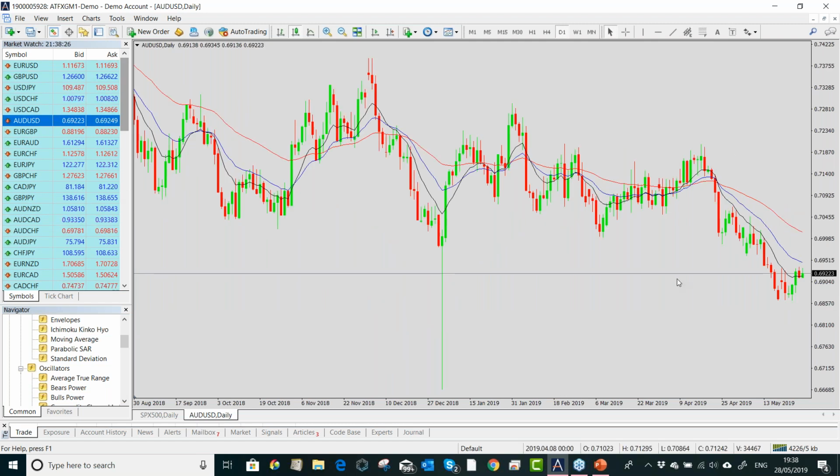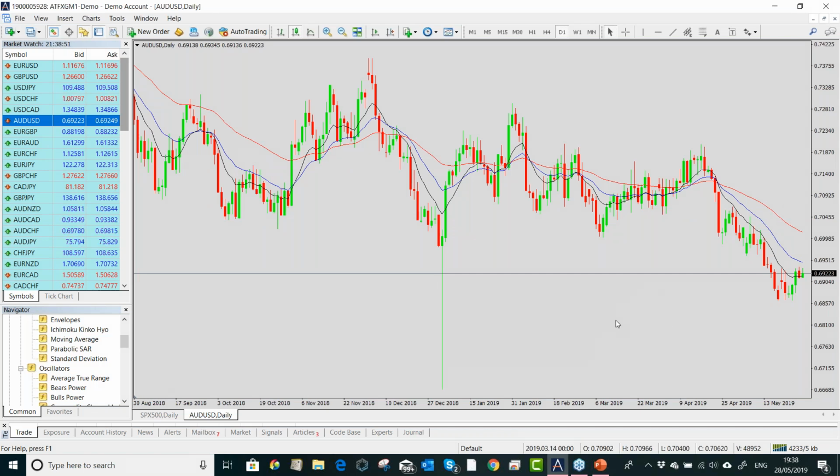So I'm just going to look at Aussie dollar because it has been trending very recently. So Aussie dollar on the daily time frame, we have got a trend here, lower highs, lower lows. So there's my downtrend on Aussie dollar.